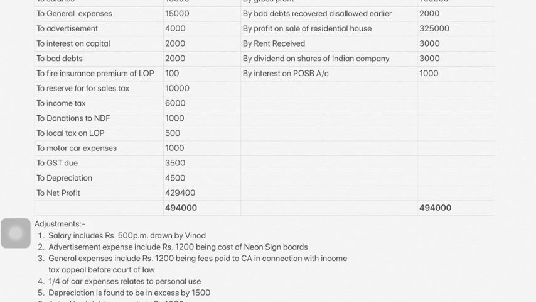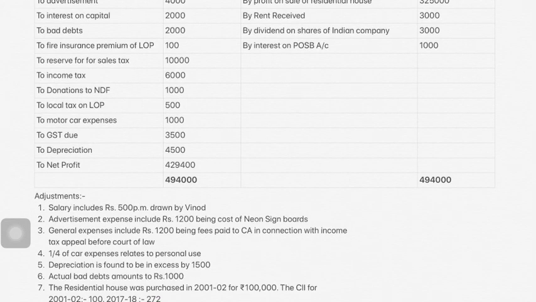Motor car is of personal nature or of business nature, we don't know. We'll see if there is some adjustment, but for now 1000 you can keep it in your P&L account, it's okay. Motor car may be for business purpose, so motor car expense can be a business expenditure. Okay, so it's okay. To GST due.